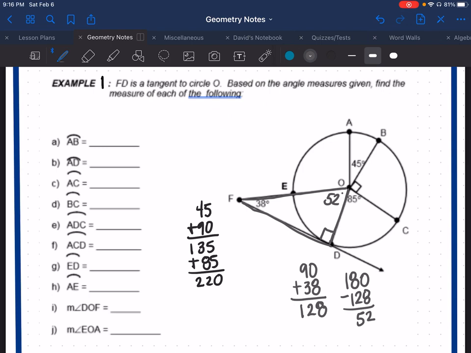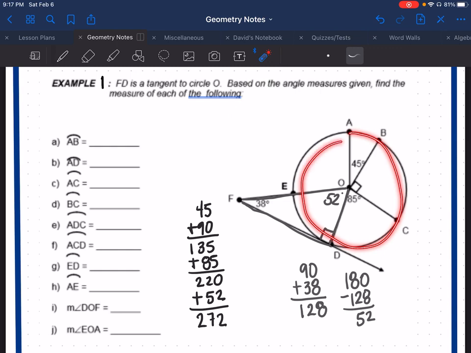Okay, let's go ahead and add that to our 220. That plus the 52 gives me 272. I have one final angle to find. All I need is this angle right here. Remember we said at the beginning that the whole circle is 360 degrees.